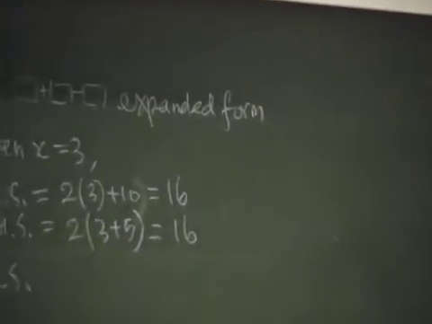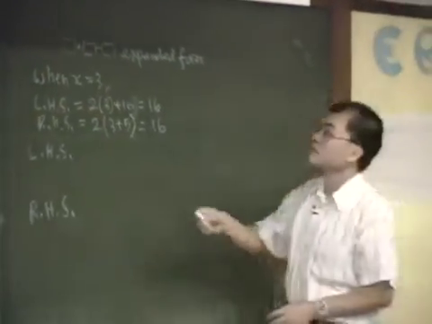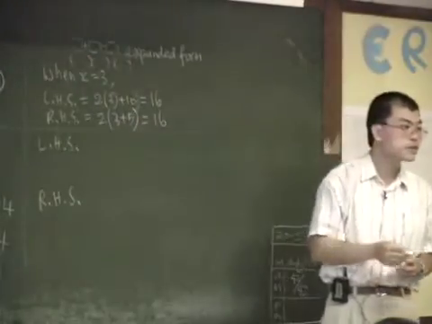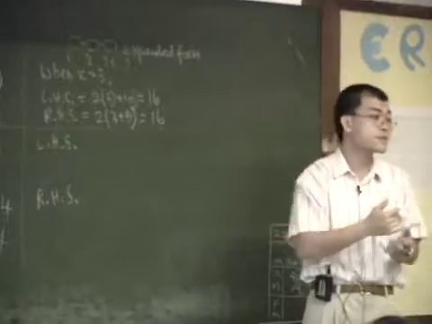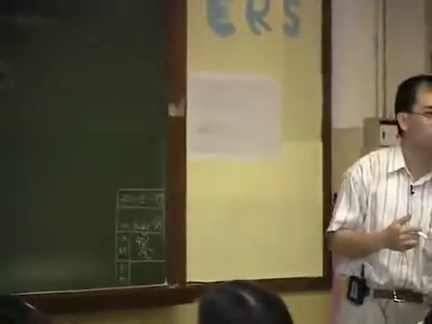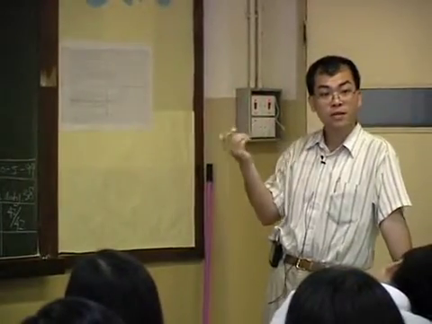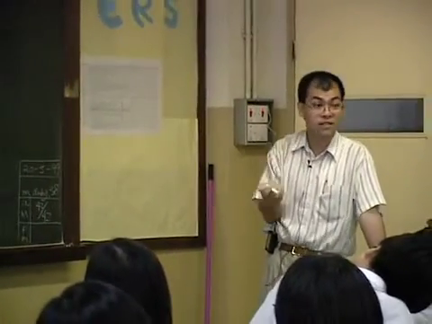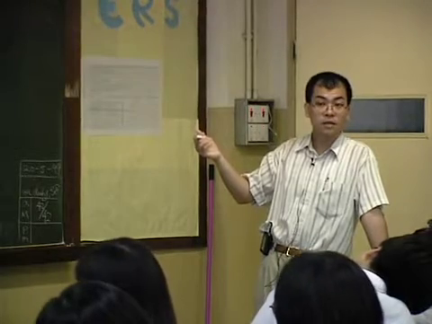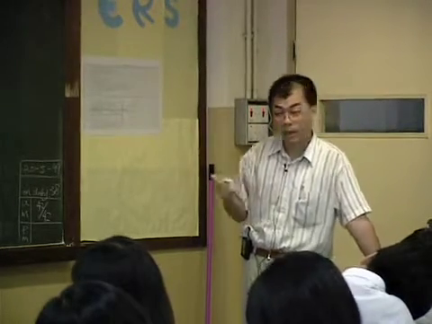You have other way to express the terms. For example, like that. This time, the terms are times together. Of course, we will not call them terms. We should call them factors. Therefore, this is called factorized form. Okay?